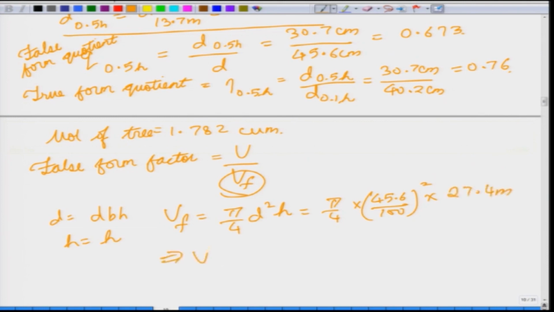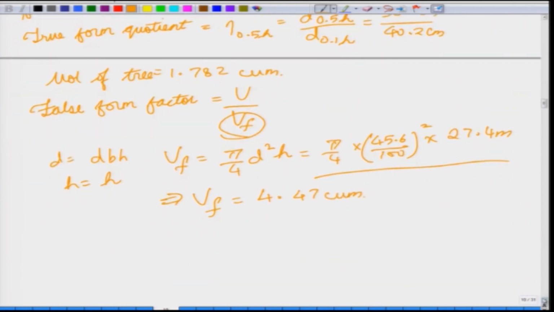When you do this computation, the false volume comes to 4.47 cubic meters. So, the false form factor will be given by the volume of the tree, 1.782, divided by 4.47, which is equal to 0.399. Remember that the false form factor is a dimensionless quantity, because you have a volume divided by another volume.